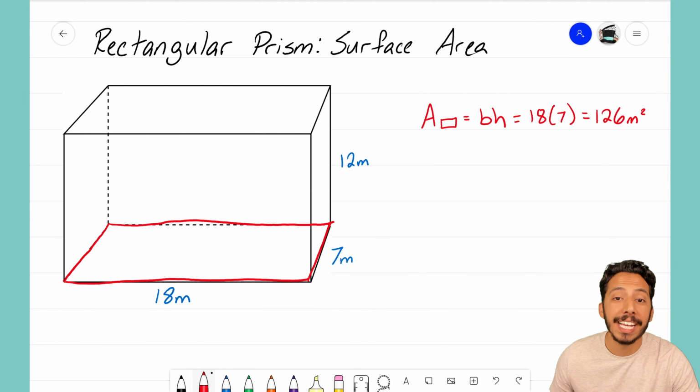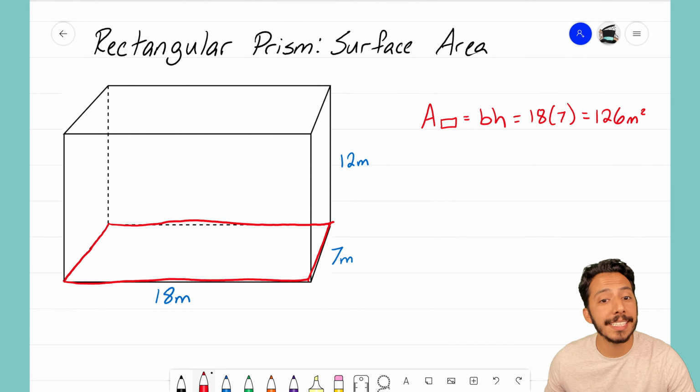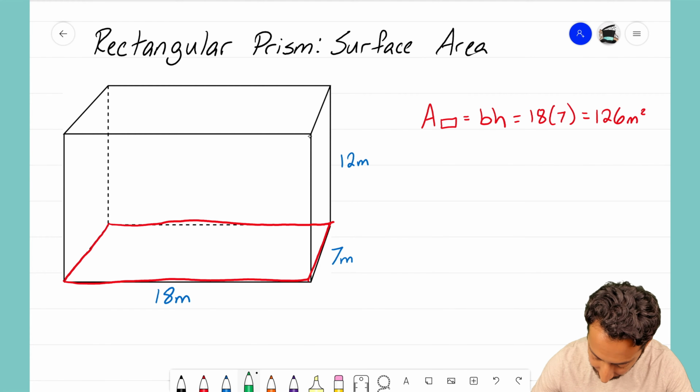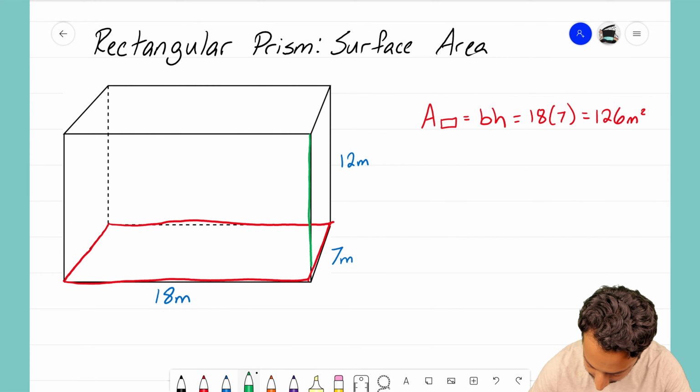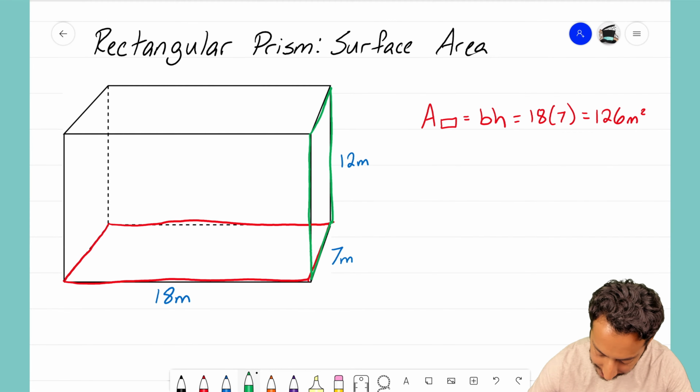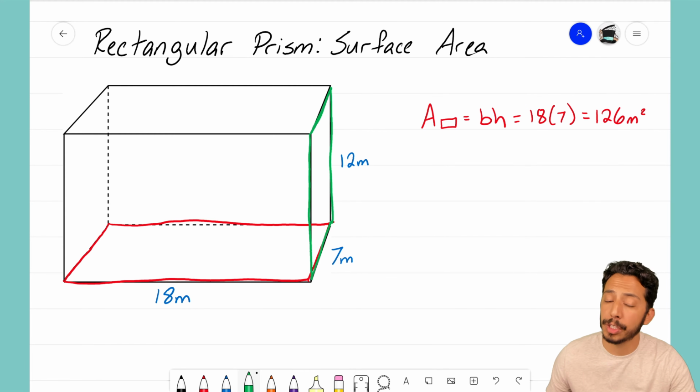Awesome. Alrighty. Let's now find the area for one of the sides of this rectangular prism. Let's look at this right side that I'm tracing in green. Notice that that right side is still a rectangle, and that I do know both values for that rectangle.